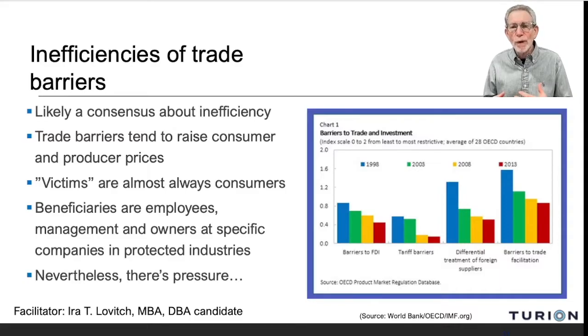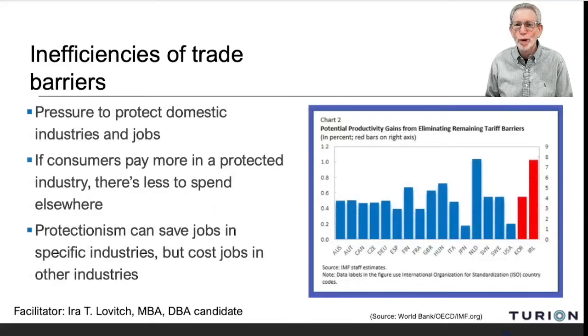So even though there's a consensus, meaning a general agreement that trade barriers are inefficient, there's still pressure. The pressure is to protect domestic industries and jobs. If consumers pay more in a protected industry, of course, there's less to spend elsewhere.